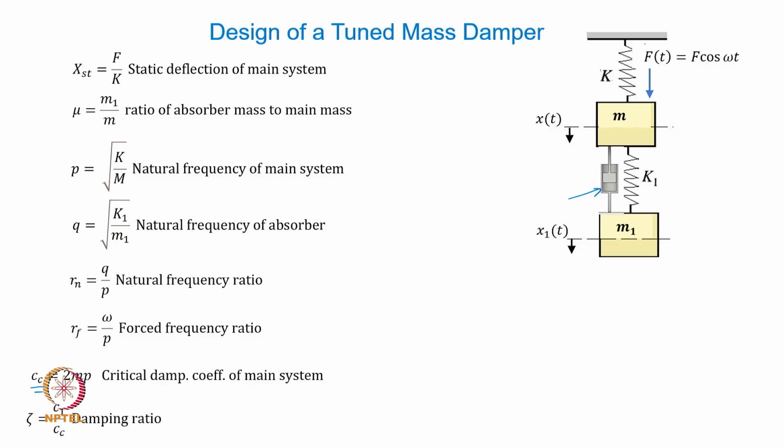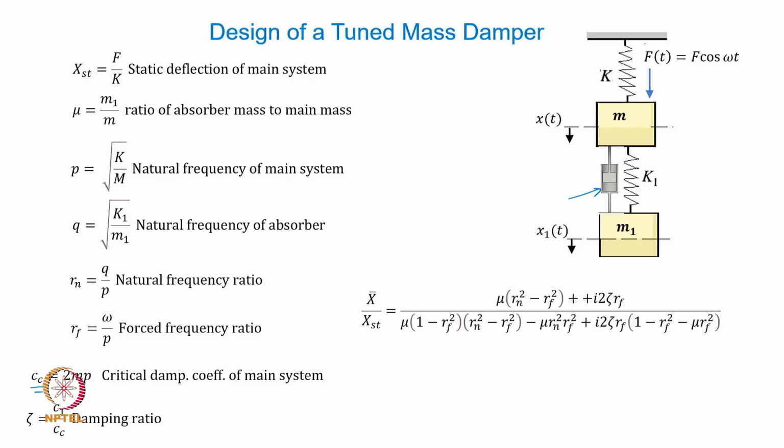Now with these quantities defined, if you appropriately use them in the equation that we have seen in the previous slide, the expression for the amplitude of the main system normalized with the static deflection turns out to be this. Okay, so again all the intermediate mathematical manipulations are skipped for the sake of brevity.